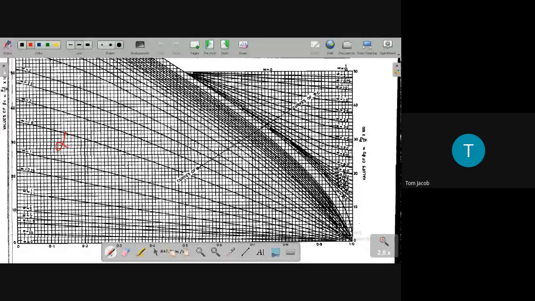That is, the alpha value for us is 9.5 and B1 by B equal to 0.3, which is less than 0.5.